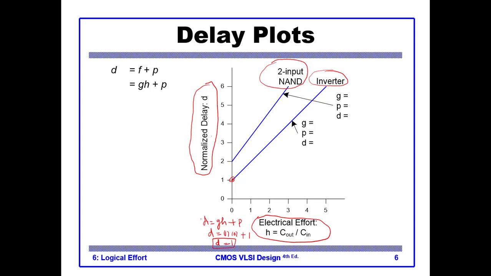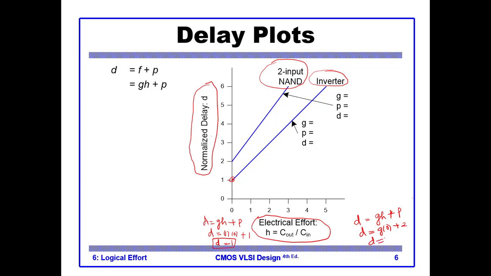And for the NAND gate, the delay is G H plus P. So again, when there is no load, it is 0 plus the parasitic delay of a NAND gate, which is 2.